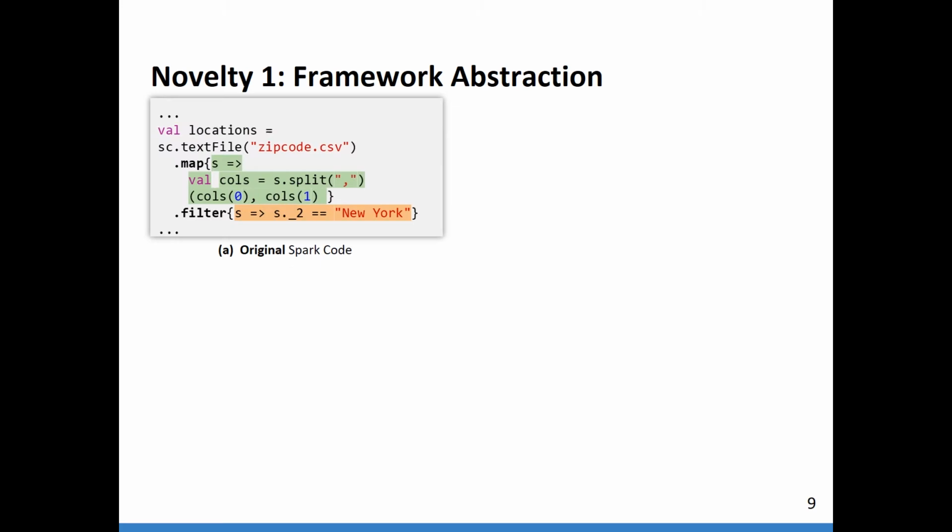For the framework abstraction, BigFuzz decomposes a big data analytics application into two components: a directed acyclic graph of data flow operators and a list of corresponding user-defined functions. We can look at figure A. This is an example of an original Spark program.